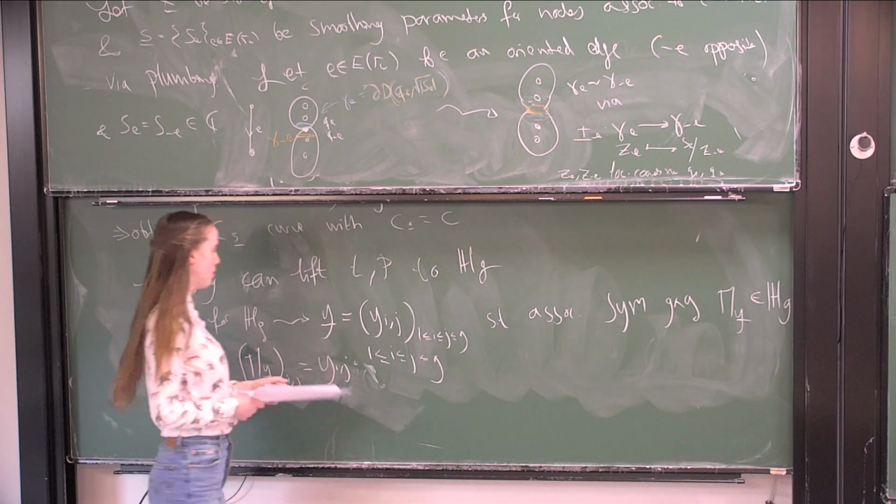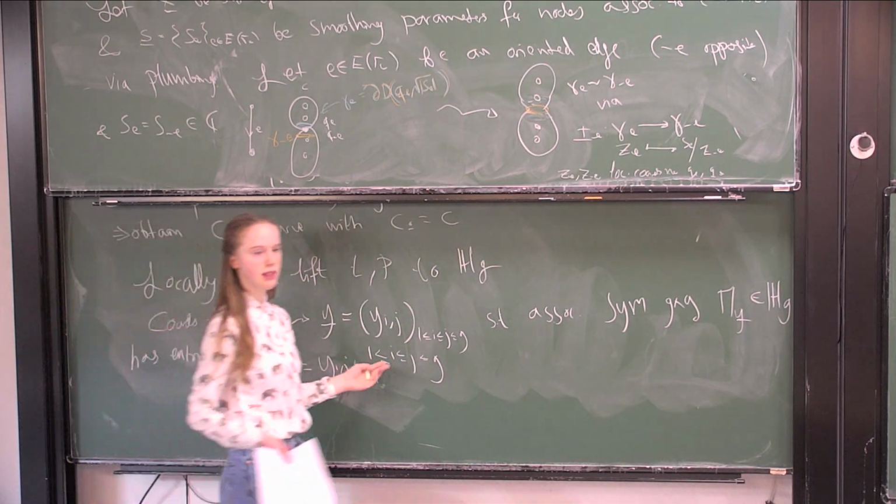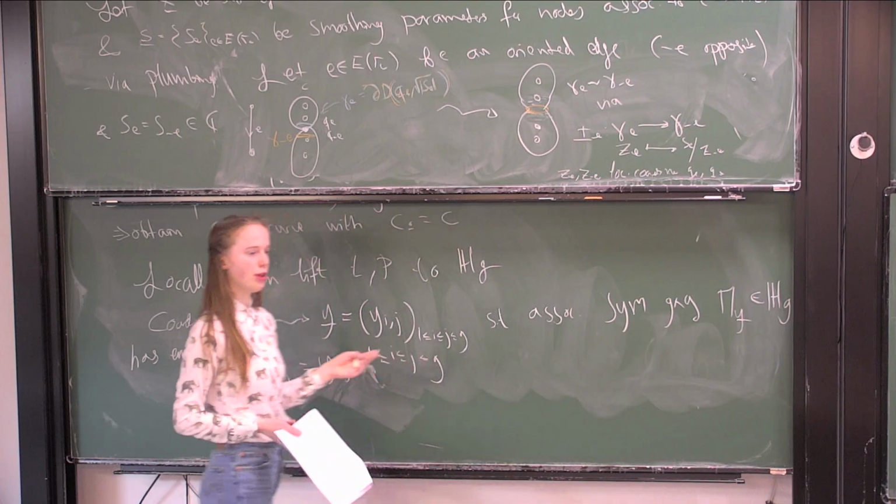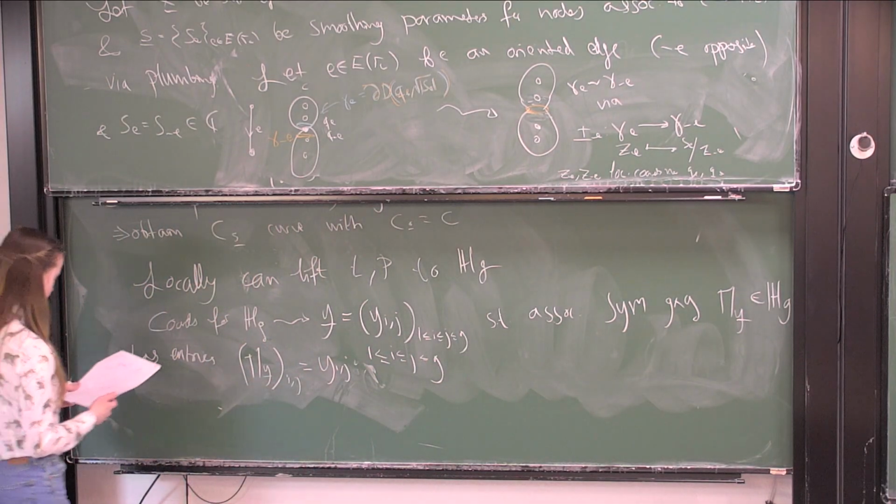And similarly, you can obtain coordinates for Siegel upper half spaces of smaller dimensions so that you also get a set of coordinates for the product of H_{g_i} for the smaller g's.